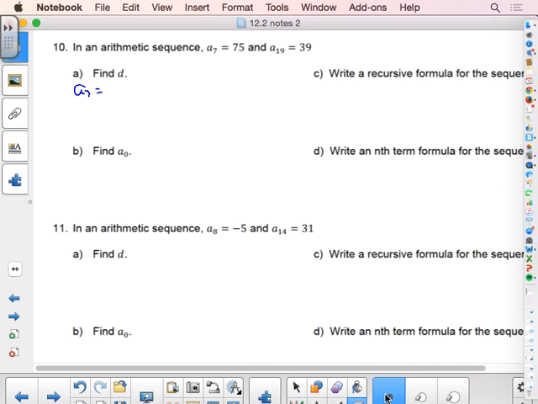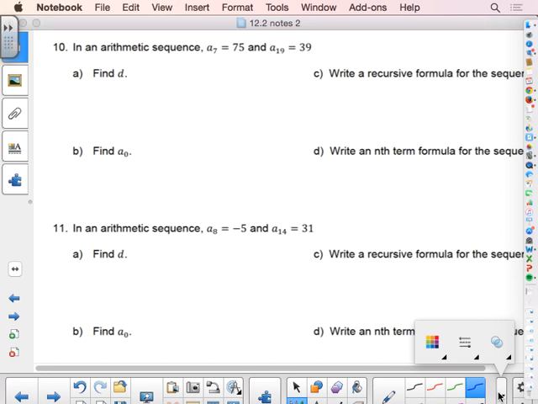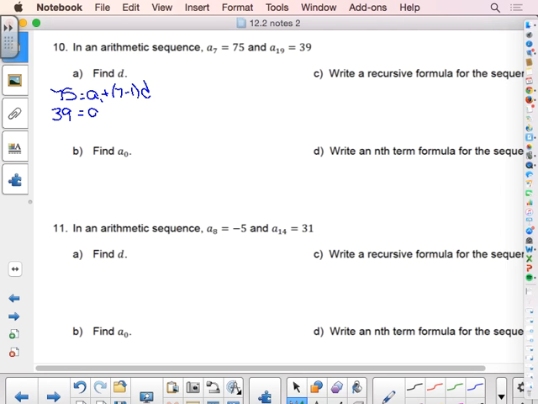Actually, I wrote it the other way, so let me go back and make sure I'm clear on that. Okay, I had 75 is equal to a sub 1 plus 7 minus 1 times d. Then I had 39 is equal to a sub 1 plus 19 minus 1 times d.